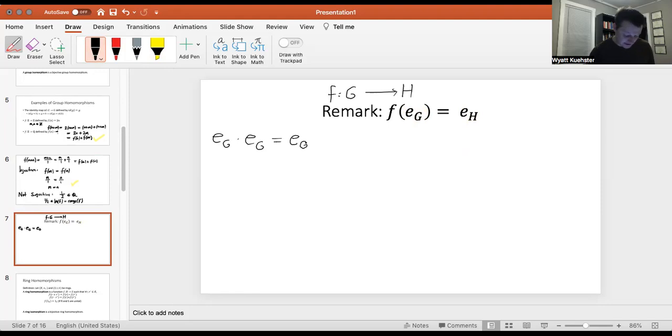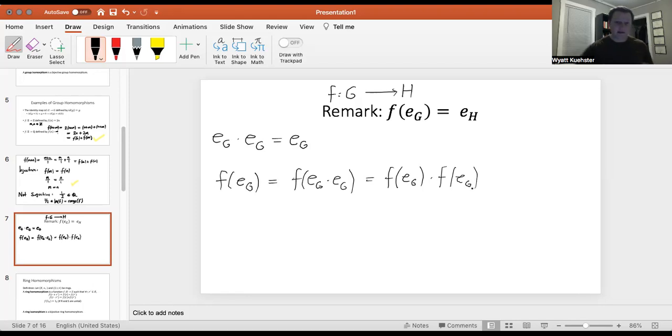That's what it means to be an identity. But then f of e_G equals f of e_G times e_G, and because f is a group homomorphism, it has to respect the multiplication structure. So it has to map this to f of e_G times f of e_G.